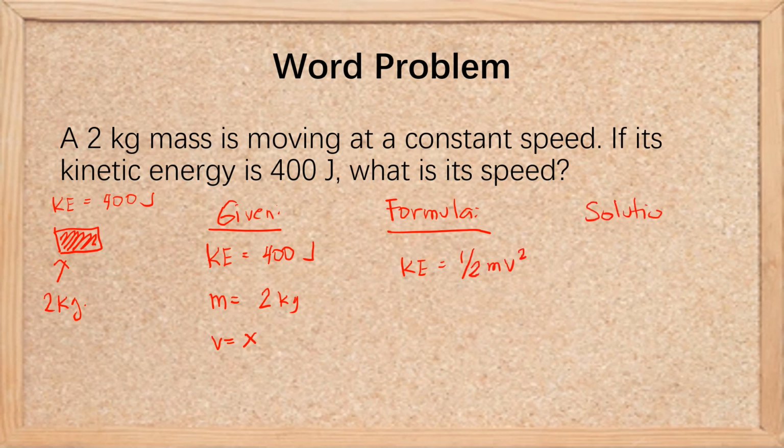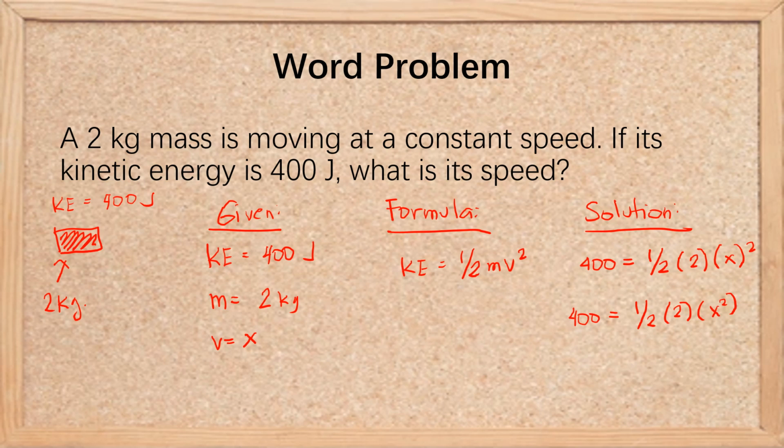So our solution, that would be Ke is 400, and then the value of mass, which is 2, and then the value of velocity, which we don't know yet, so that will be 400 is equal to 1/2 times 2 then x squared.